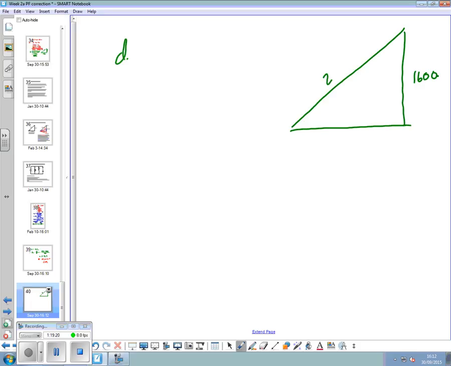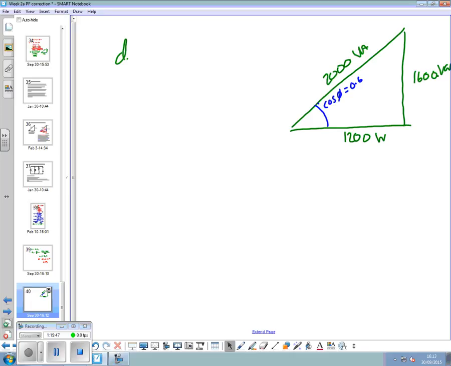We've got this as 2000 and this is 1200. Have I got all of that right? And that's watts, var, VA. This angle in here, because of that, is 0.6.